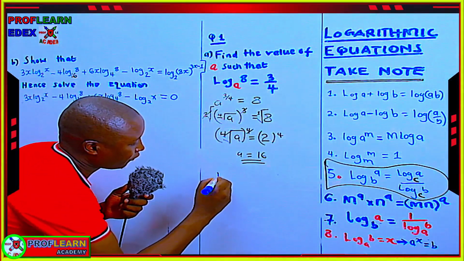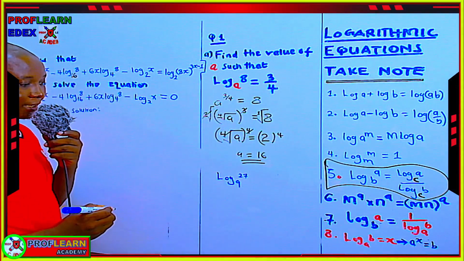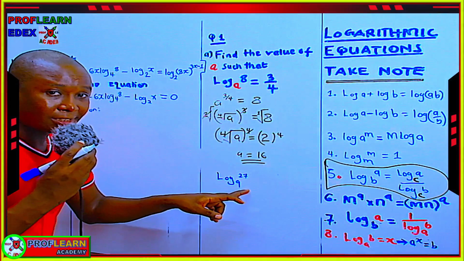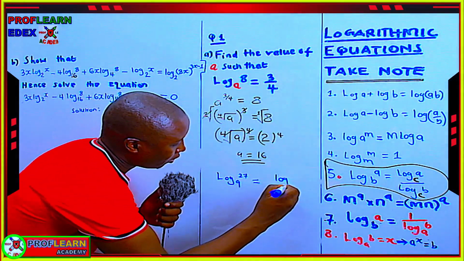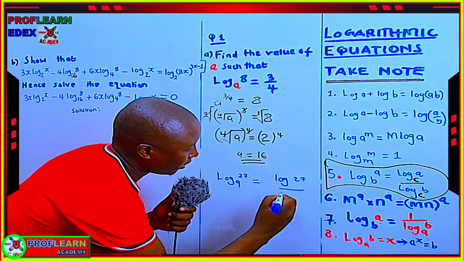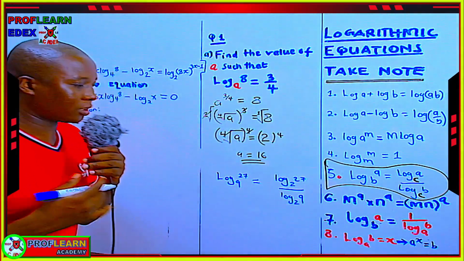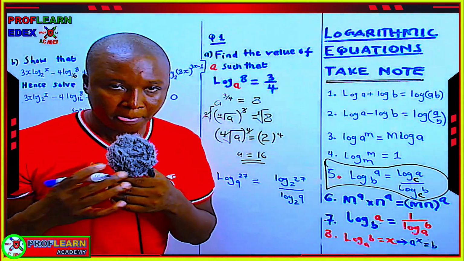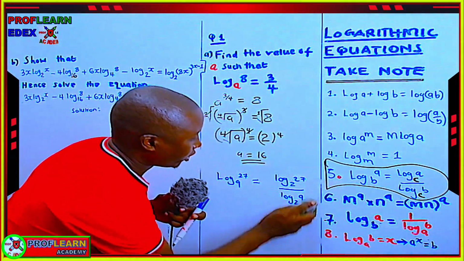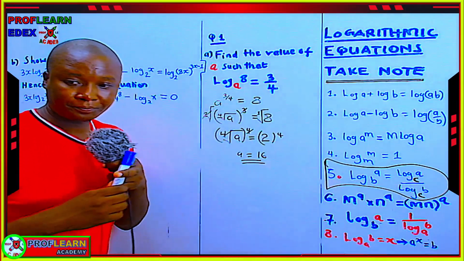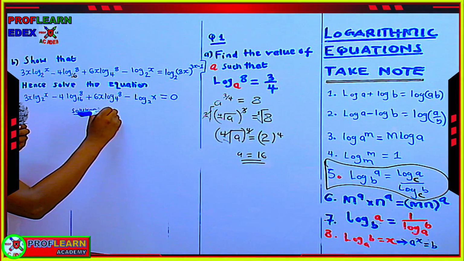So for instance, if you are having log 27 base 9 and you want to express this to the base of 2, this is going to be equal to log 27 over log 9, then you introduce the base of 2. Basically, that is how you use rule number 5.